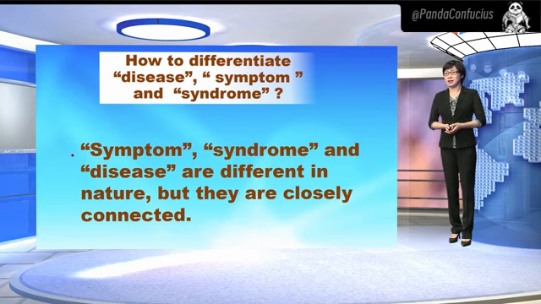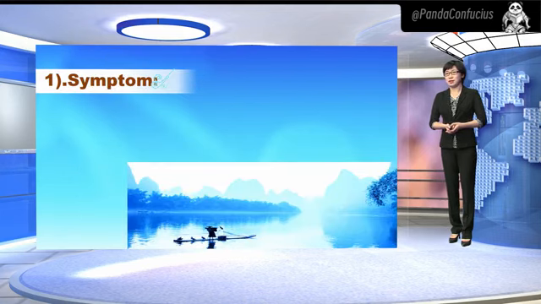Symptom, syndrome, and disease are different in nature, but they are closely connected. Symptom, in its body sense and body sign, means a change in the body which shows the disease or disorder, including abnormal tongue and pulse manifestation, fever, bitter taste in the mouth, headache, aversion to cold, loose stools, yellow tongue coating, and weary pulse.